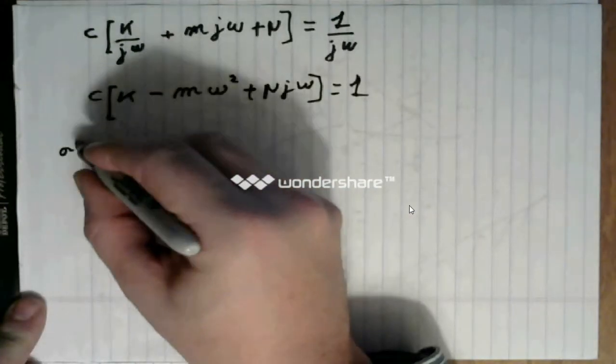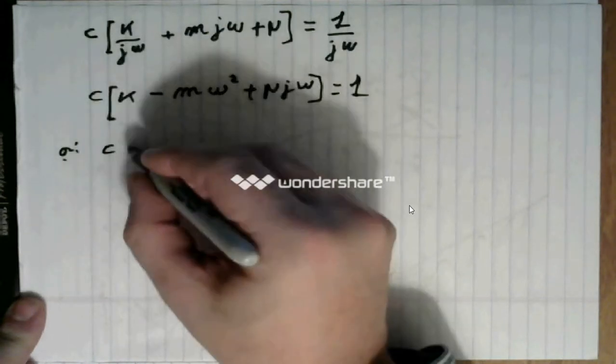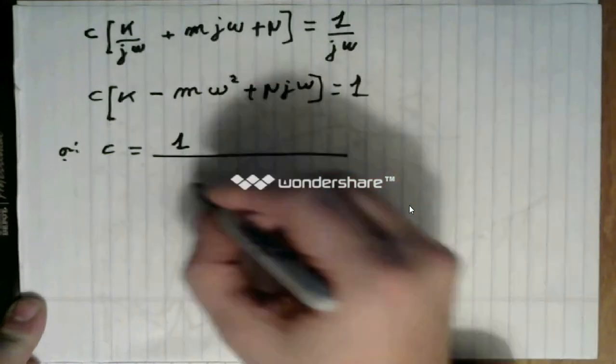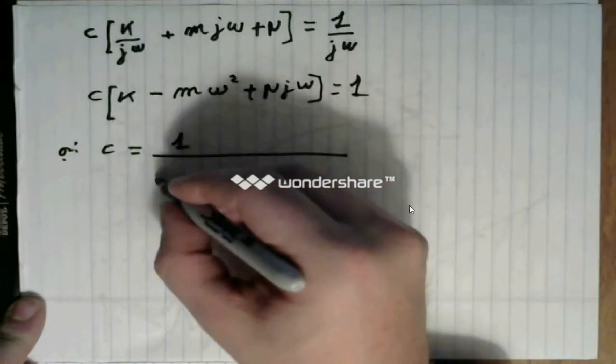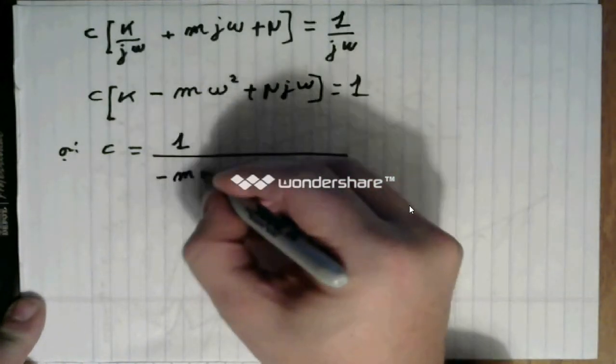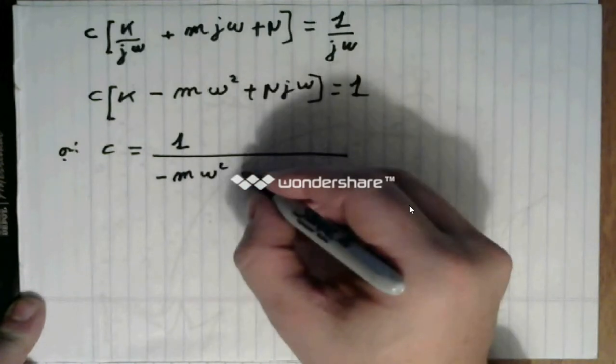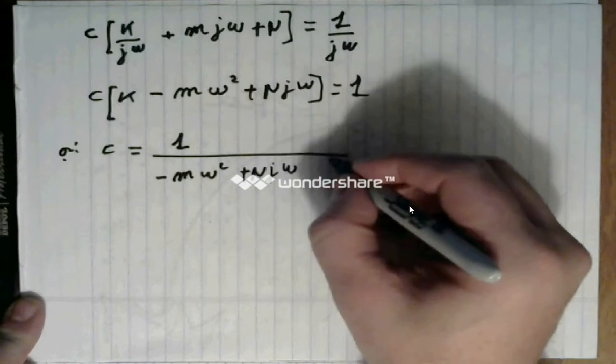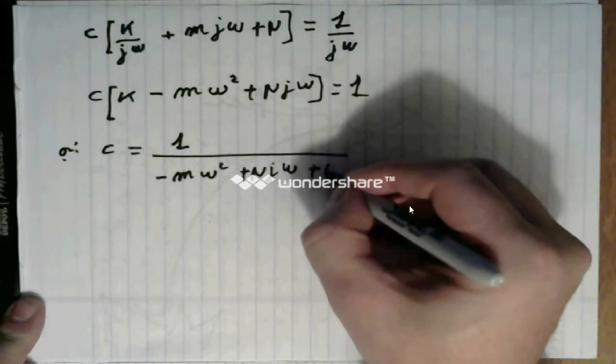Or c is equal to 1 over minus m omega squared plus mu j omega plus k.